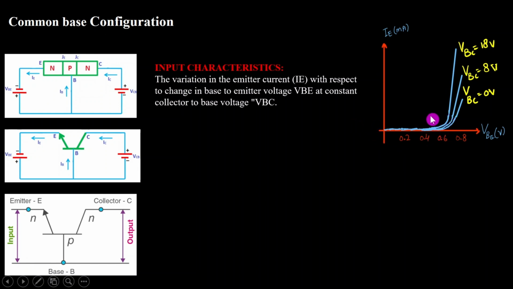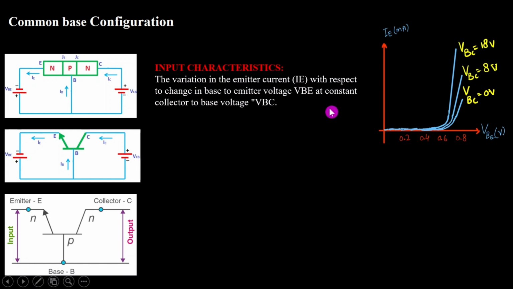Almost always the potential barrier is 0.7 for silicon, because that is almost constant for silicon, and for germanium that is about 0.3 electron volt, and other semiconductors will have some other voltage. That is actually the potential barrier made in this PN junction.